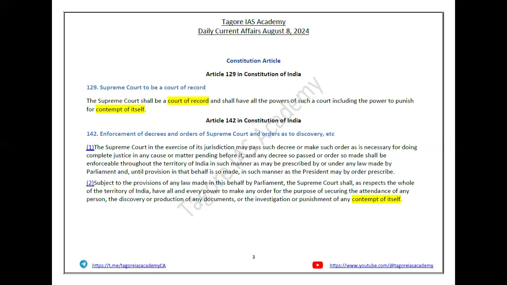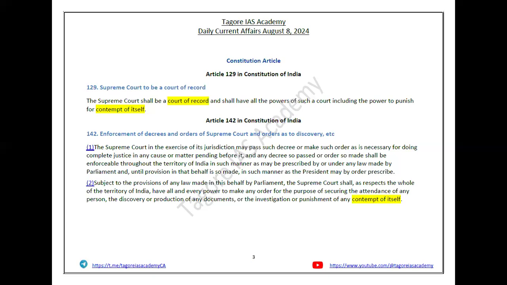The articles which are related to the High Court, you can see on the view file. Article 129 explicitly provides the powers to punish for contempt to the Supreme Court. Similarly, Article 142 also empowers the Supreme Court to punish against any contempt of itself.